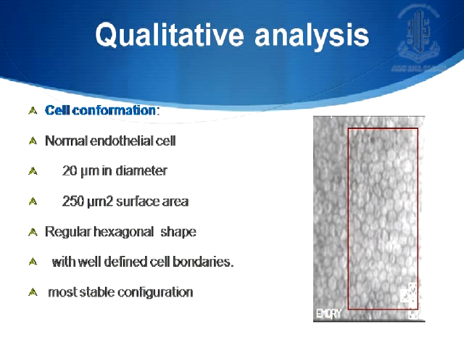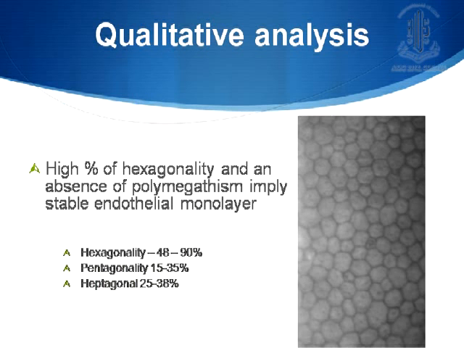This is what a normal endothelial cell is made up of. These are the parameters that it is defined by, and this is what a normal endothelial microscopic picture would look like in most of the systems. And what we are looking at is the hexagonality.